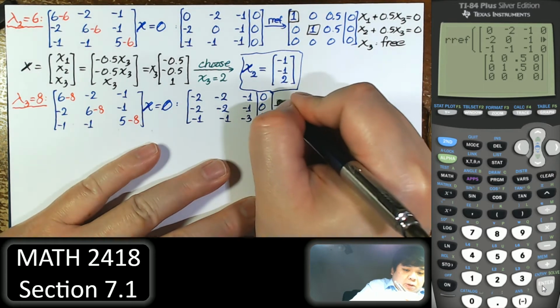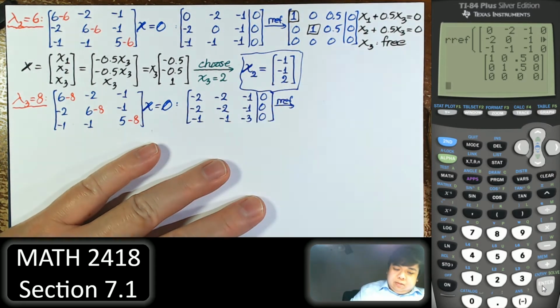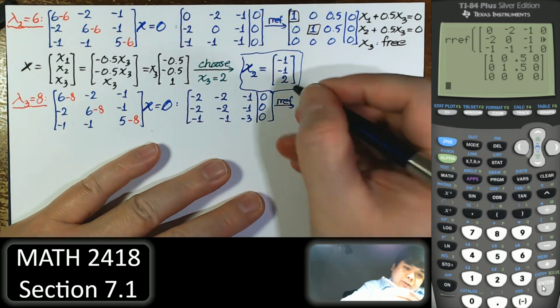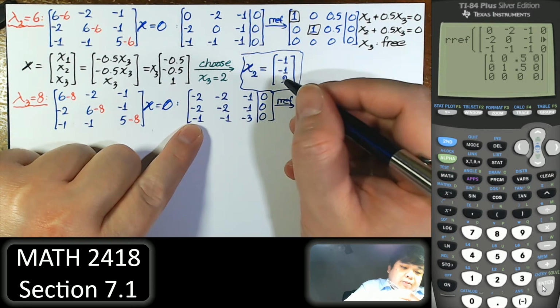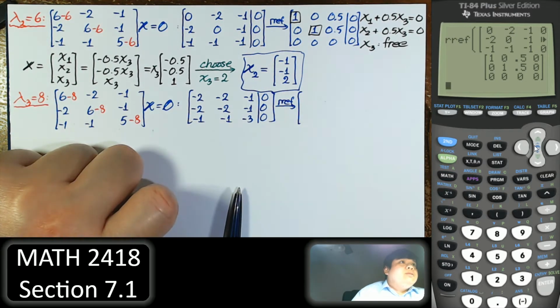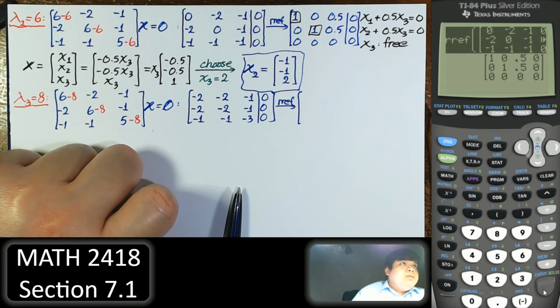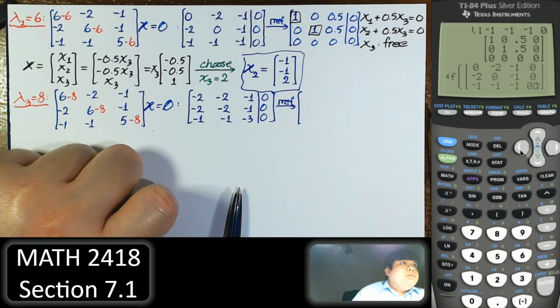Right, reduce to row echelon form. So in this case we will have -3, -3, and -3.